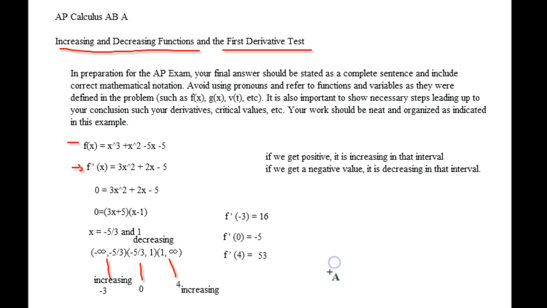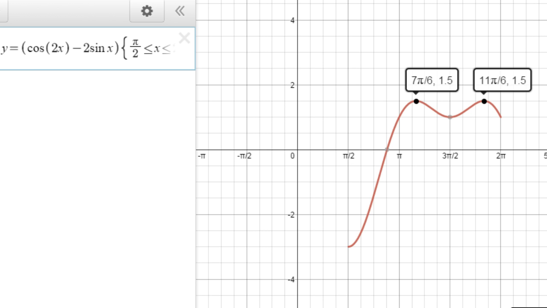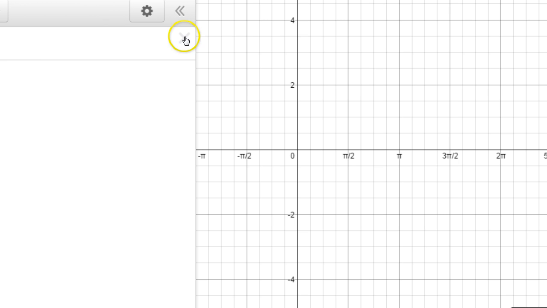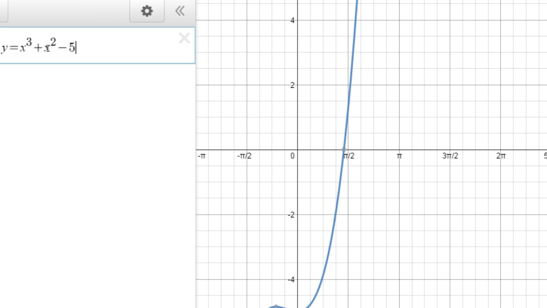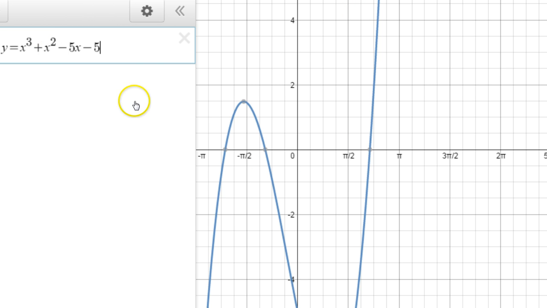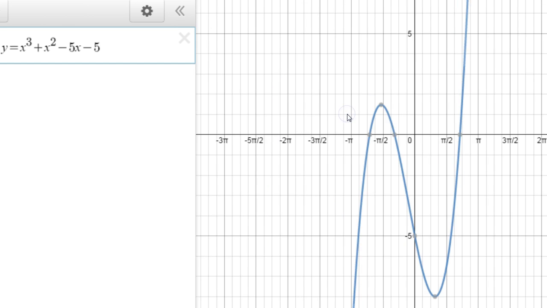Now, the cool thing is that I know what is going on with the first derivative, how it's looking, all that stuff. If I were to actually graph this, let's go to Desmos. Let's get rid of the last graph that we just did. If I graph the first one, y equals x cubed plus x squared minus 5x minus 5, that's my first actual function.